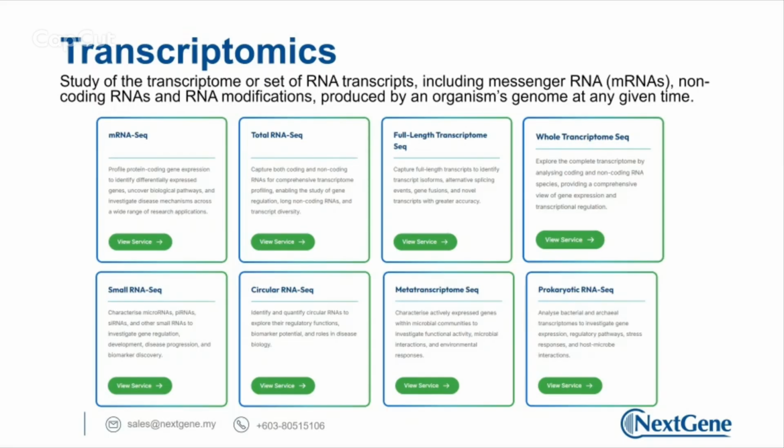In that case, we might opt for the total RNA sequencing or the whole transcriptomic sequencing. Sometimes we might be more interested in looking into the full-length transcripts. So we want to see starting from the 5' untranslated regions, and then the open reading frames all the way to the 3' end and also the poly A tail.